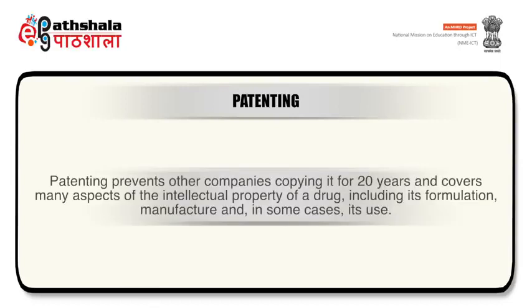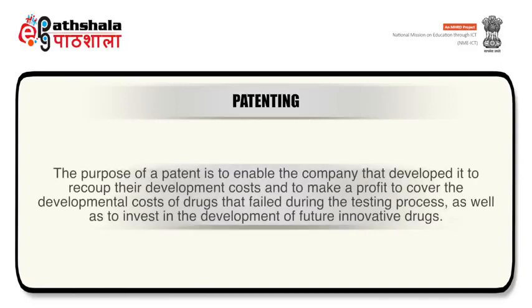A candidate drug that shows promise early in the development process is patented by the company. Patenting prevents other companies copying it for 20 years and covers many aspects of the intellectual property of a drug, including its formulation, manufacture, and in some cases its use. The purpose of a patent is to enable the company that developed it to recoup their development cost and to make a profit to cover the developmental cost of the drugs that failed during the testing process, as well as to invest in the development of future innovative drugs.